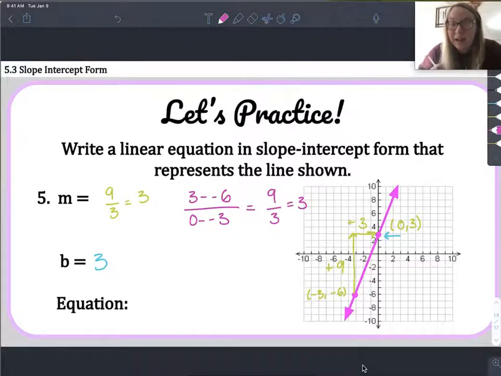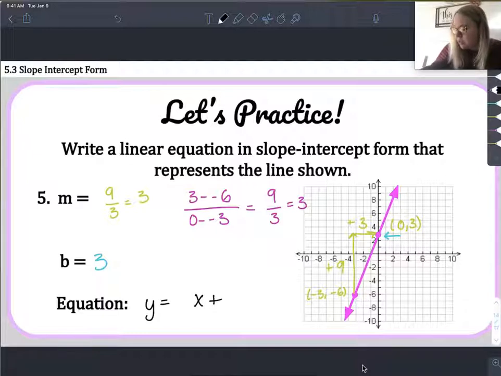It doesn't matter. Notice we got the same answer. So the last part is to just plug it into our slope-intercept form. So I'm going to have y is equal to my slope times x plus my intercept. So my slope was 3, and my intercept was also 3. And there we go. That is our equation.